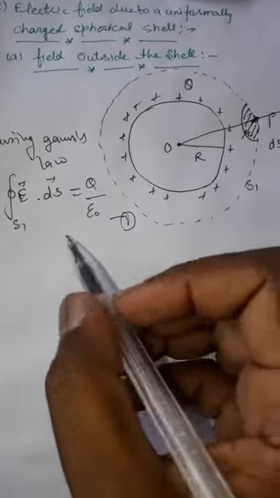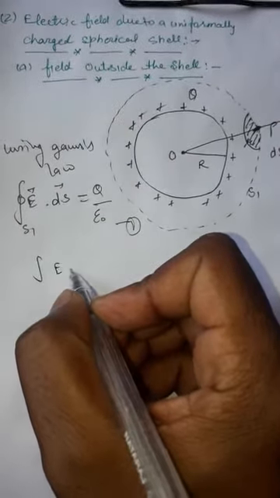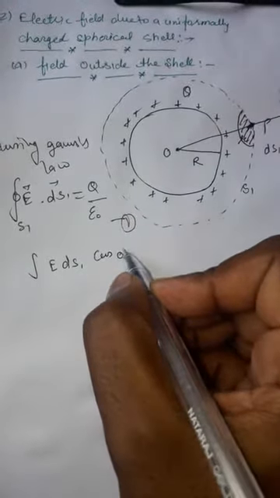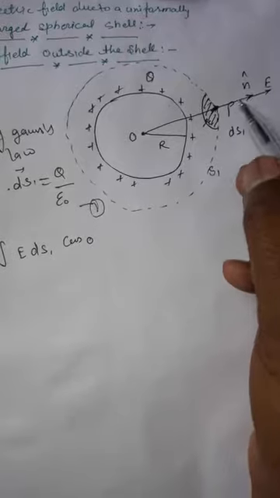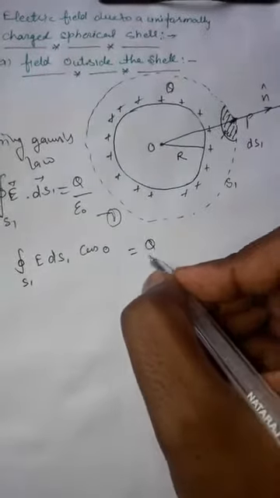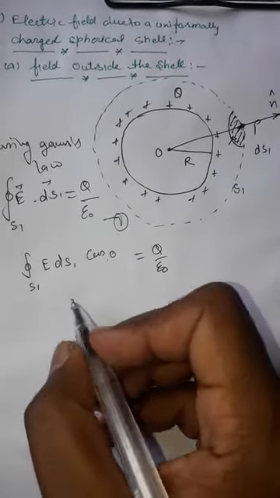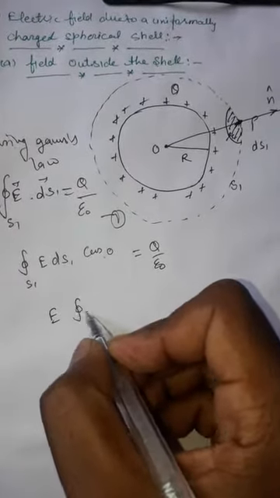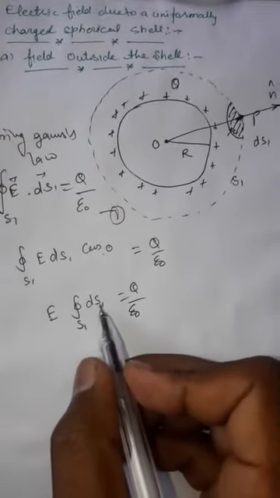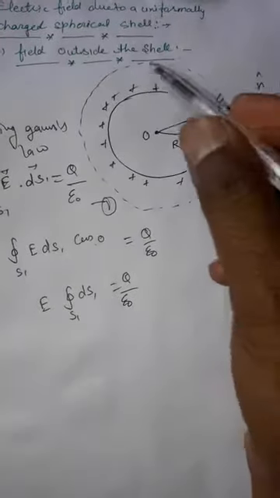Further, we know that this dot product may be written as E dS1 cos 0, as the angle between electric field and normal is 0, over surface S1, which is equal to q by epsilon naught. This cos 0 is 1, so we can write E integral dS1 over S1 is q by epsilon naught, as dS1 is the small element on this spherical surface.